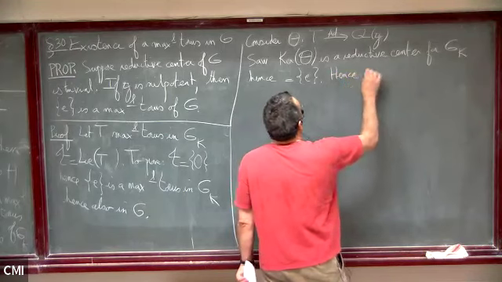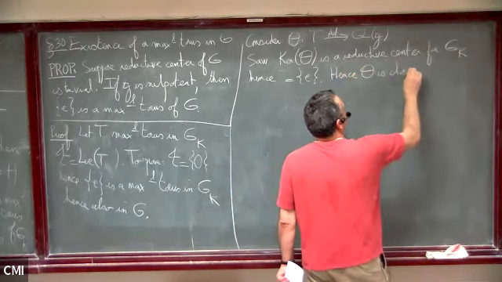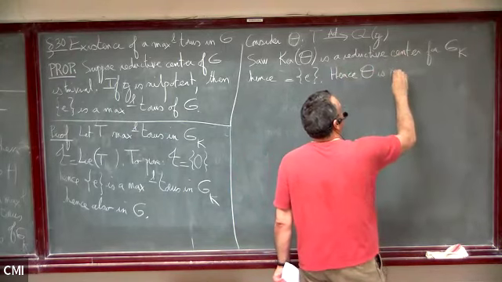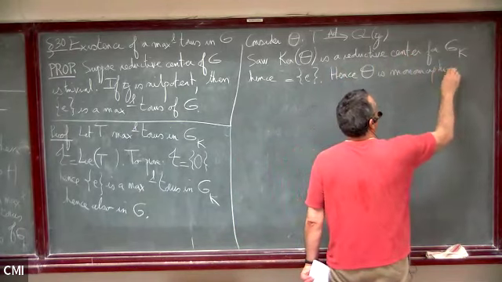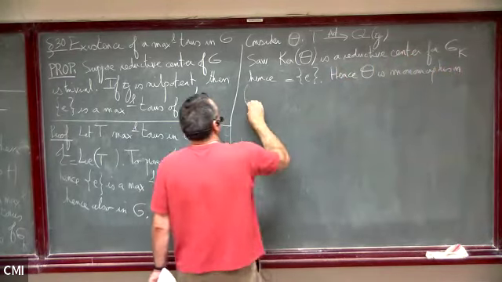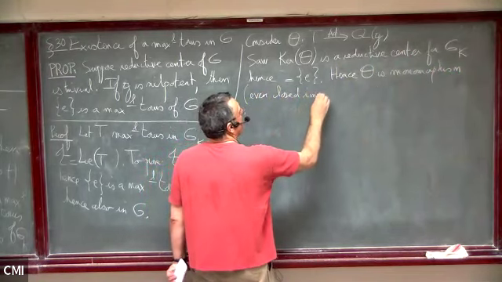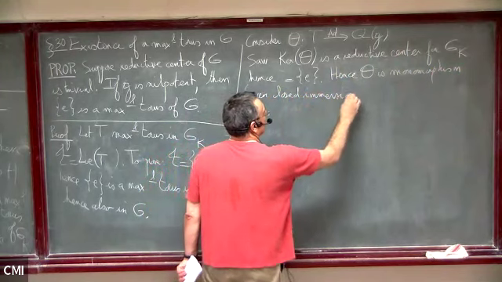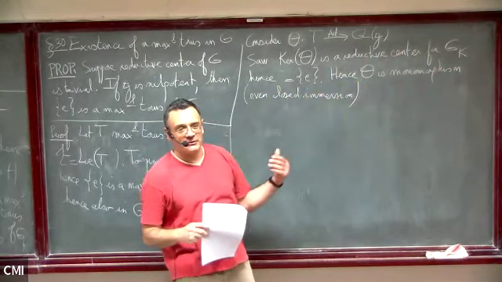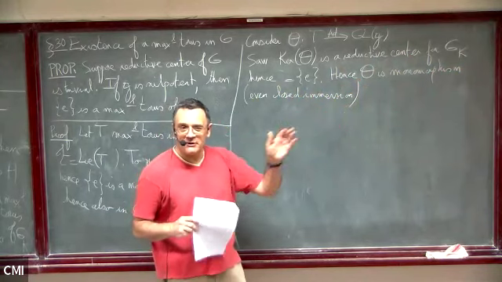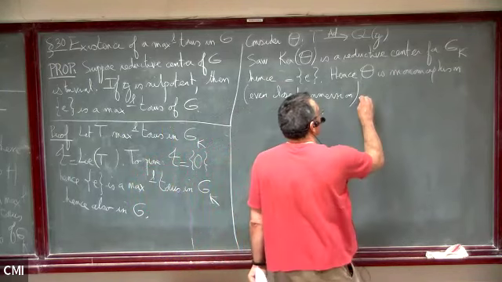Hence theta is a closed immersion. So it's a monomorphism, and it's even a closed immersion, because we saw in August in some lectures that a monomorphism with source a group of multiplicative type is always a closed immersion.